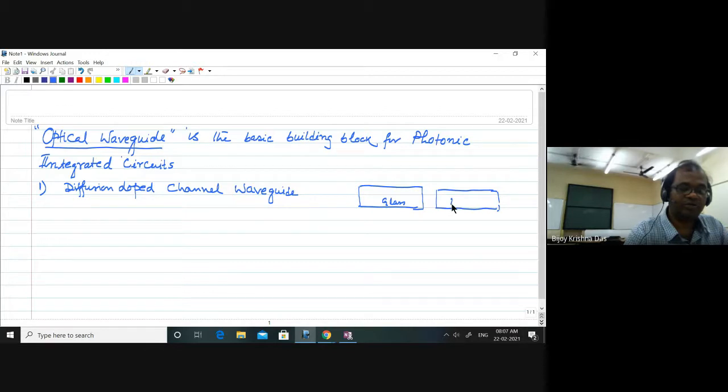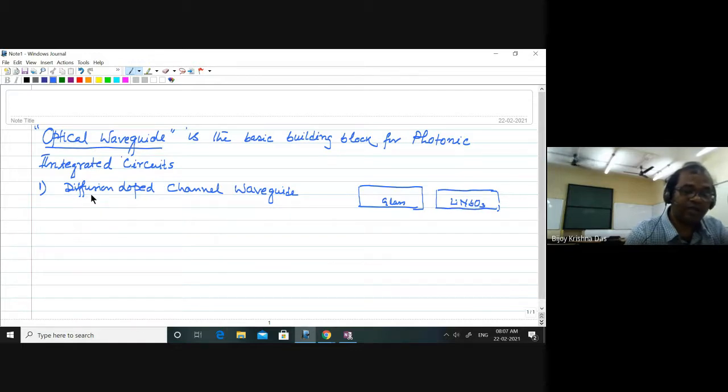For example, I just consider the very popular lithium niobate, LiNbO3. So these two substrates I can think of if I talk about the diffusion doped channel waveguide.